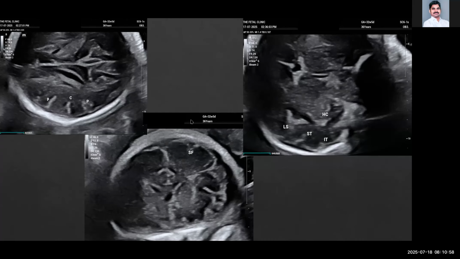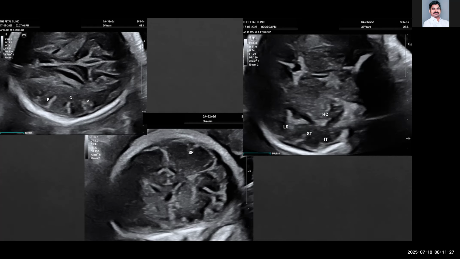You also need to know in which plane you will be able to best demonstrate all these sulci. For the convexity sulci, you need to take an axial view, cephalad to the transventricular plane, which is also the view that would demonstrate the parieto-occipital sulci best.